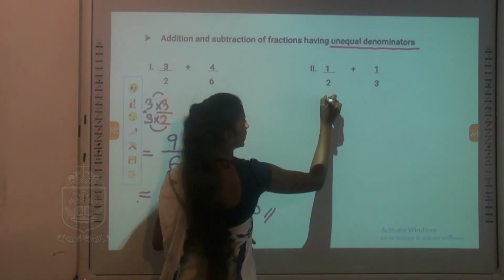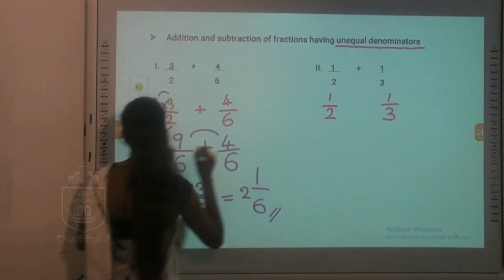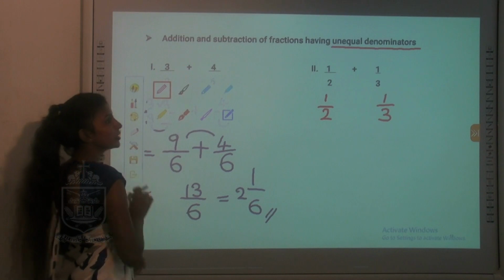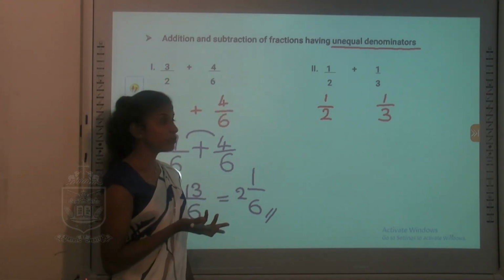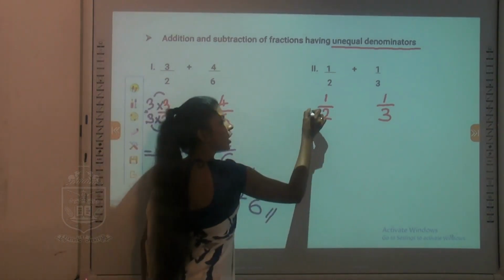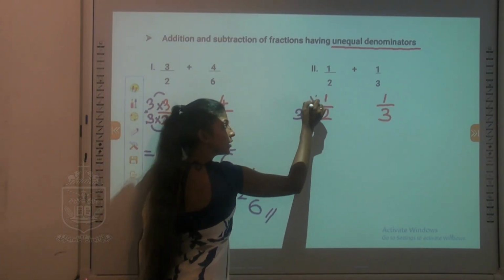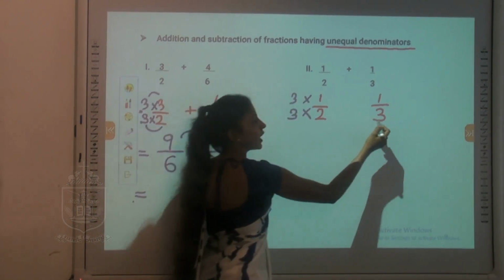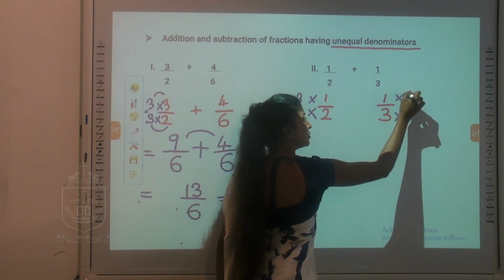Right, now here we have a half and here we have 1 over 3, and I'm going to select the number which we can make. It is easy for us to make it into 6. So how can we make this 6? You have to multiply this by 3, numerator also by 3, and we can make 3 into 6 by multiplying it by 2.